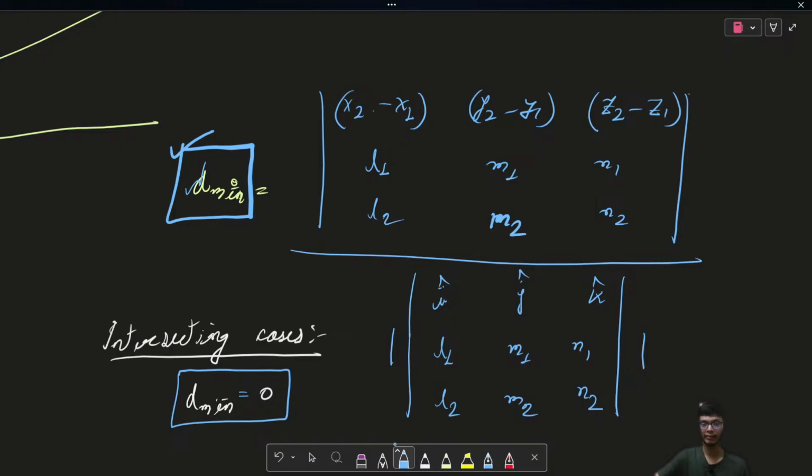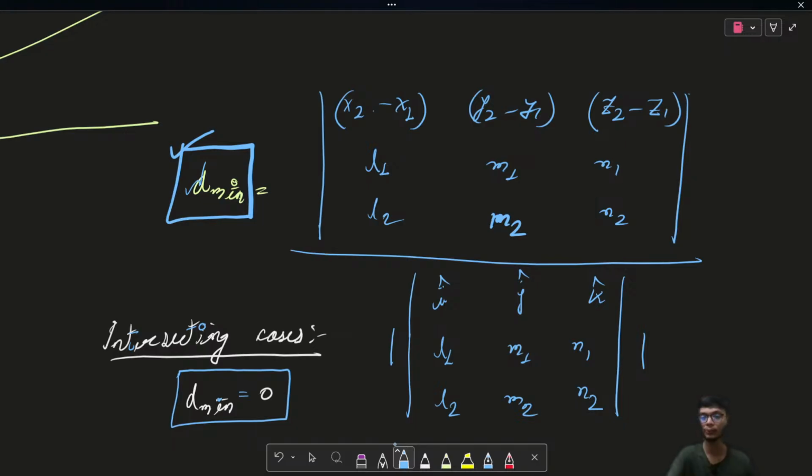So whenever I have intersecting lines, my minimum distance will be equal to 0. So I just solve this numerator part and equate it to 0 for the condition of intersecting lines. You just have to find the minimum distance between the two lines and equate it to 0. That's the best way to obtain the final result for two intersecting lines.